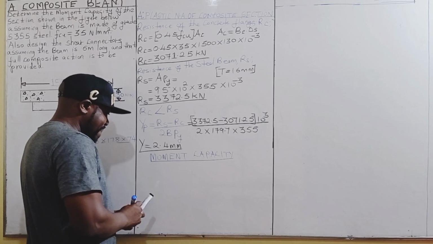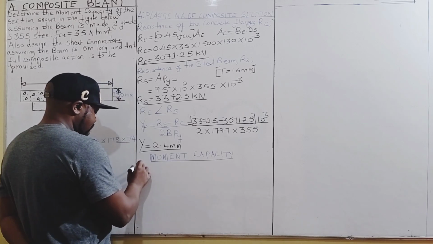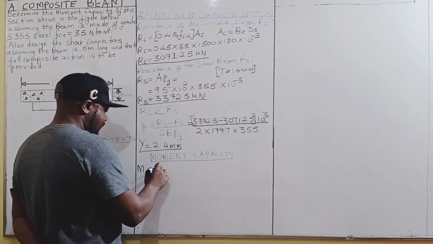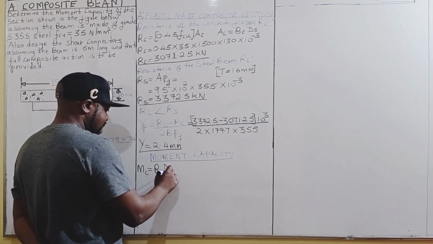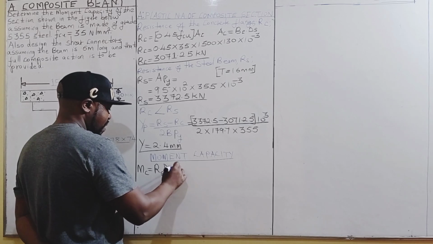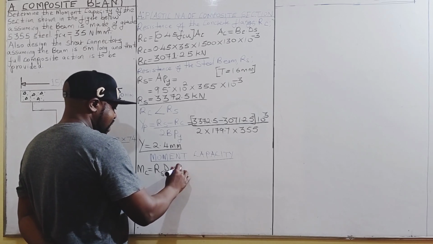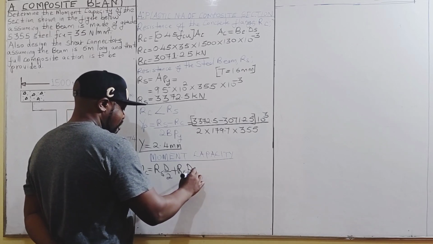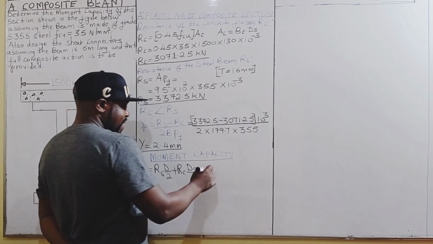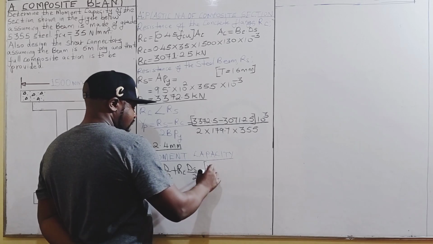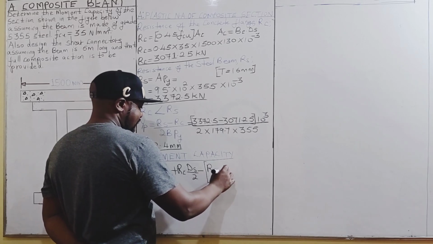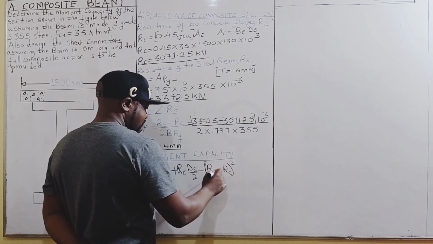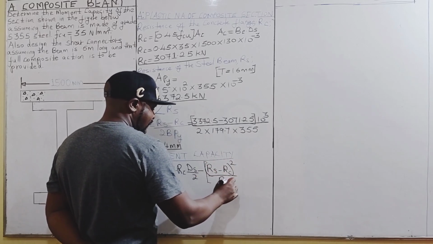The moment capacity will be given by this formula, that is RS times D over 2 plus RC times DS over 2 minus RS minus RC squared divided by RF.